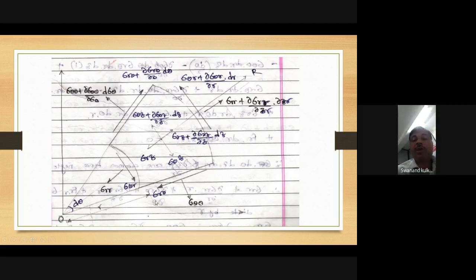Now one more thing we have to take into consideration here: the O, which is the center. From this O to this inner surface, the distance considered is R. Is it okay?